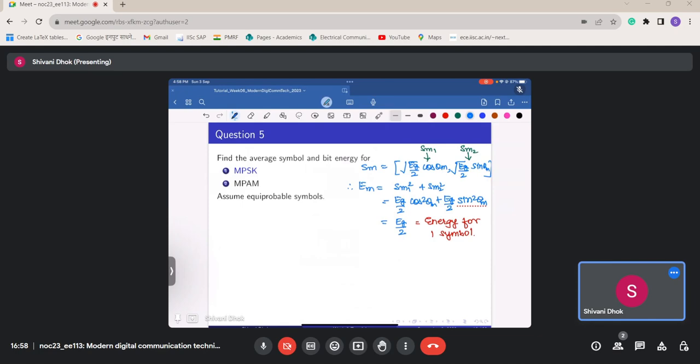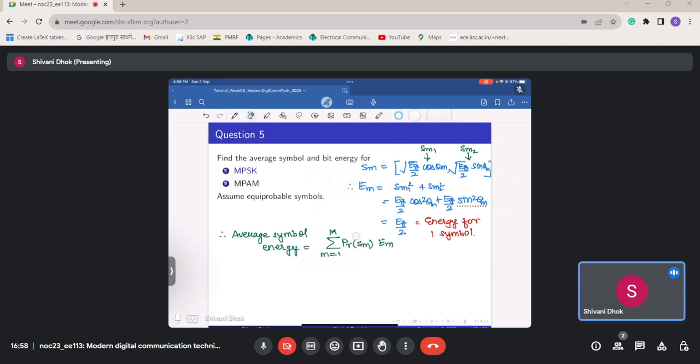Okay, therefore average symbol energy is given as summation m equal to 1 to M of probability of Sm into Em. That is the probability with which that mth symbol arises.